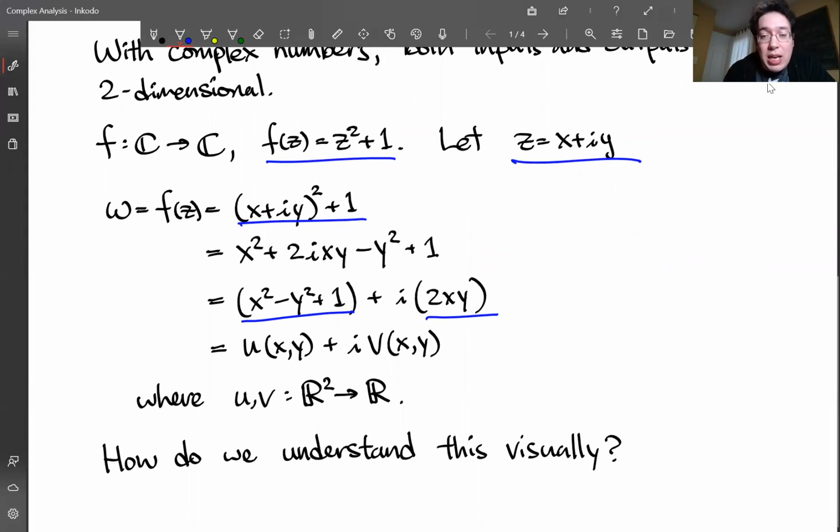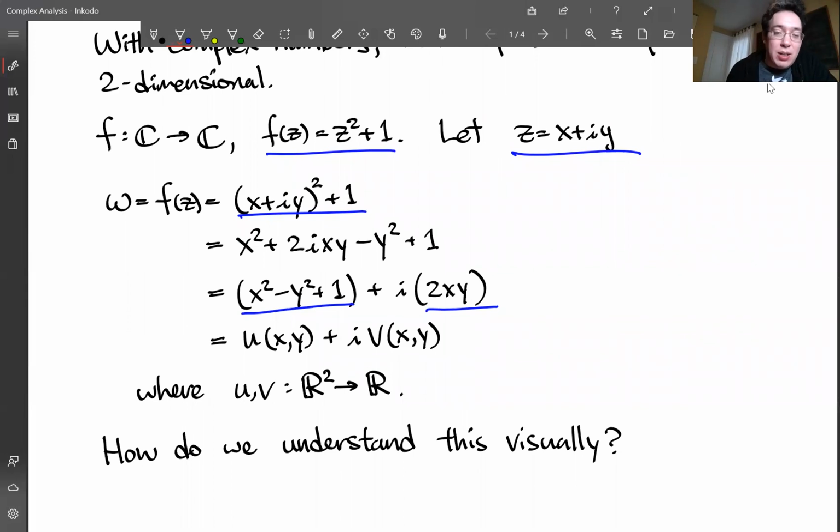Okay. And we can look at it in 2 parts. Let's say u of x, y is the function that gives us the real part of the output, and v of x, y is the function that gives us the imaginary part with the input x, y.